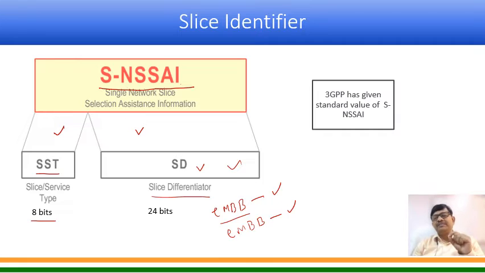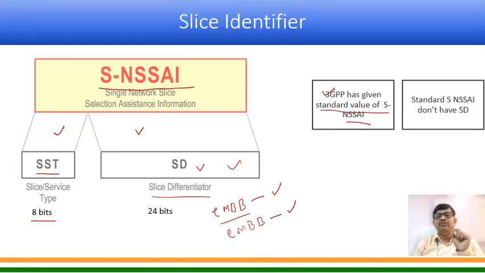In the 3GPP standard, they have defined only standard values of S-NSSAI. They have defined particular SST values and what kind of service each is. In that standard NSSAI, we don't have SD.